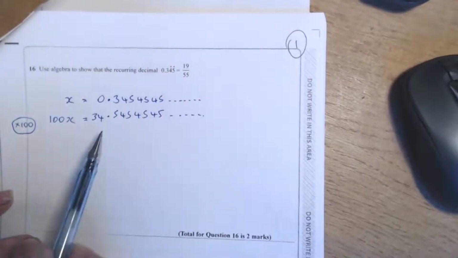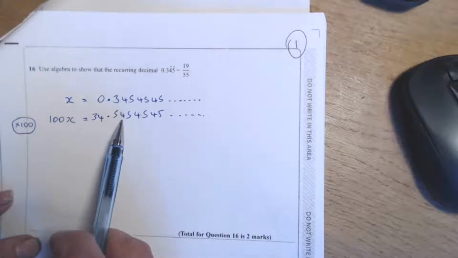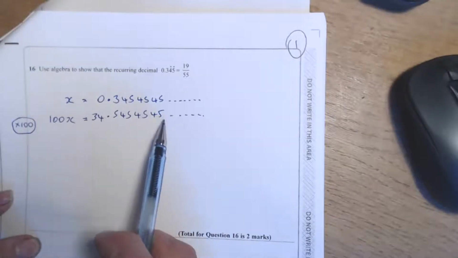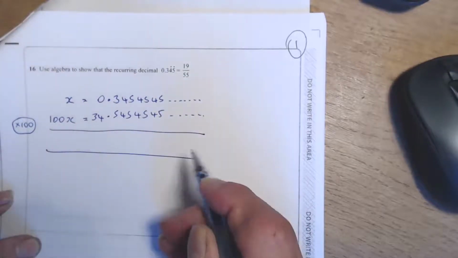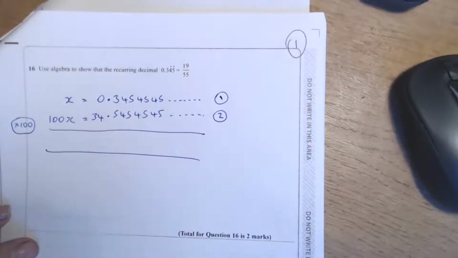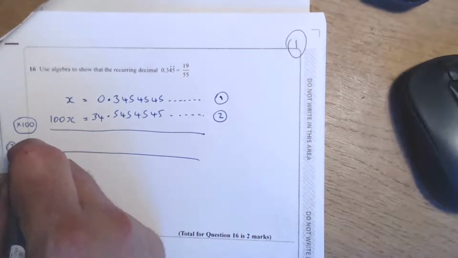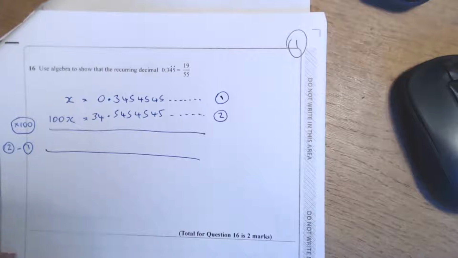Now, what you will see is that once we get beyond the first decimal place, our numbers are now lined up, 4545, 4545. That's what we wanted, because if we call that equation 1 and that equation 2, if we take equation 2 and take away 1, we will get rid of the recurring decimal element.